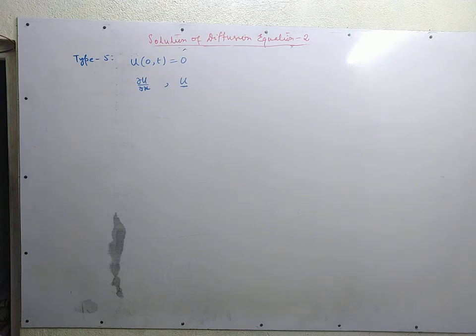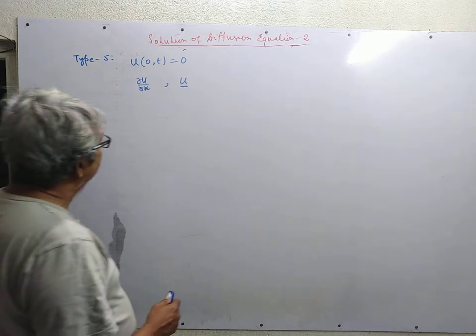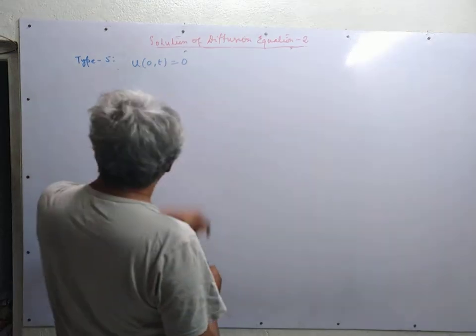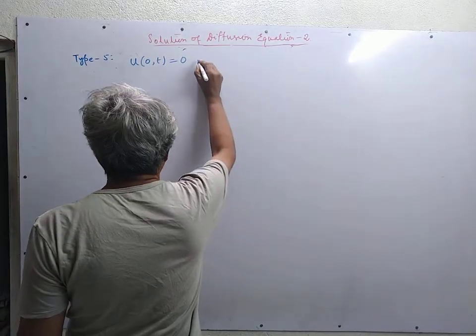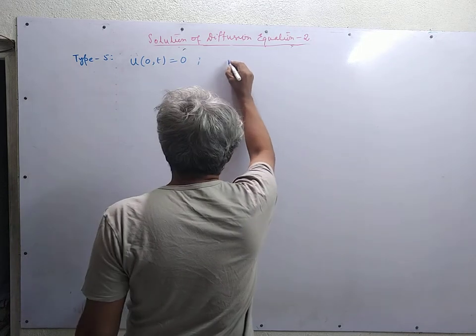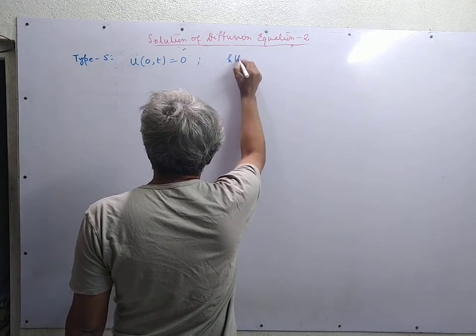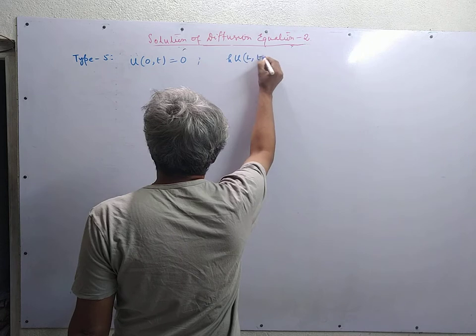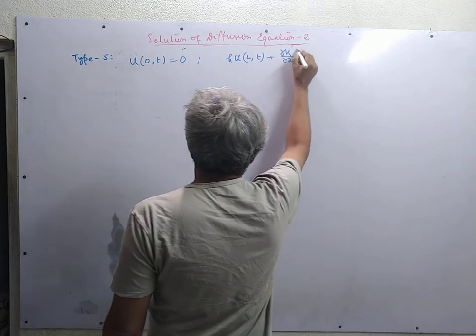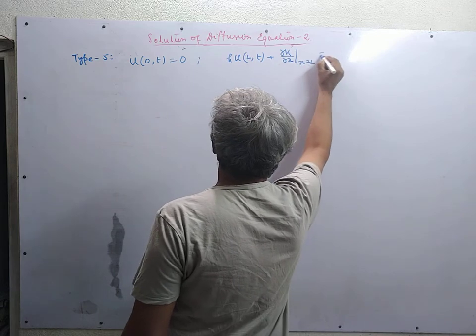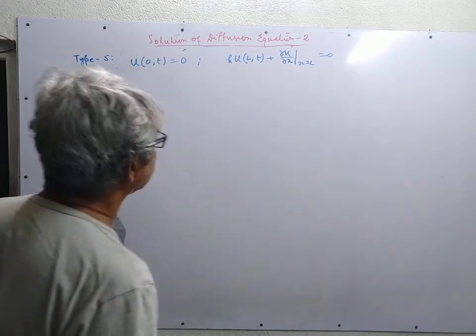If we assume that the rate of loss due to one process is exactly compensated by the rate of gain by the other process, conduction and radiation, then the condition is that h u at L,t plus del u by del x at x equal to L is equal to 0. These are the two boundary conditions.